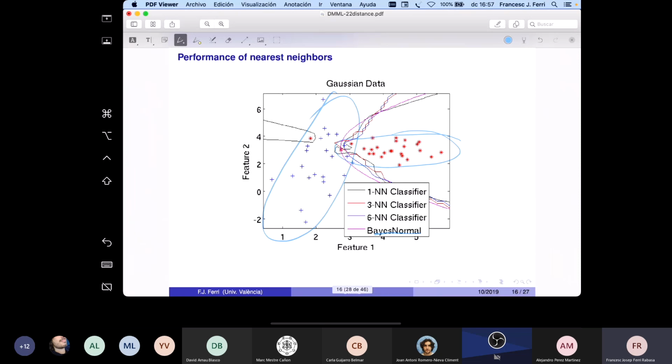The one nearest neighbor classifier has this wrong region due to this point. And the k nearest neighbor classifier for 3 and 6 don't have this. As you can see, they get closer and closer to the optimal classifier. This is for two-dimensional data.